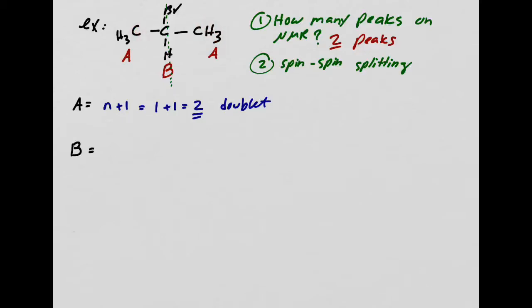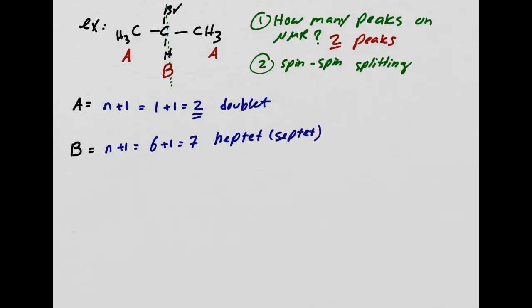This adjacent carbon also has 3 hydrogen. So what is going to be the N plus 1 rule? Adjacent carbon 3 hydrogen, adjacent carbon 3 hydrogen. 3 plus 3 would be 6. So 6 plus 1, you're going to get a 7. What is that? That's a heptet, or some people call it septet, right? That's a heptet, or we can also call it a septet.